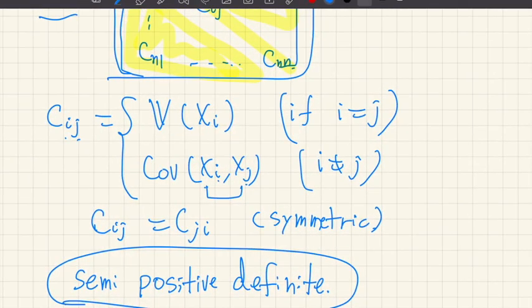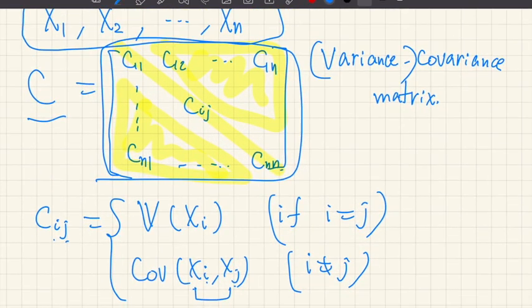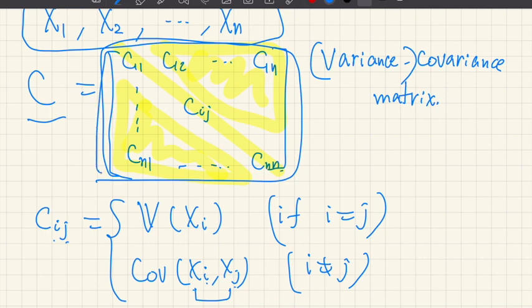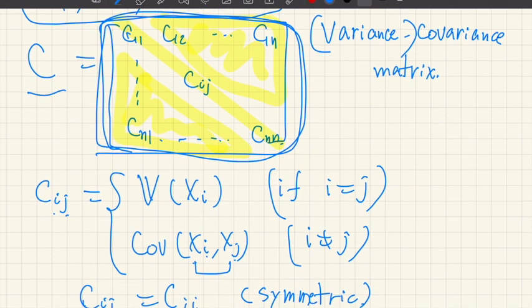Oh, by the way, if you remember, any real symmetric matrix like this, of course these are all real numbers, has real eigenvalues. That's a theorem in linear algebra.